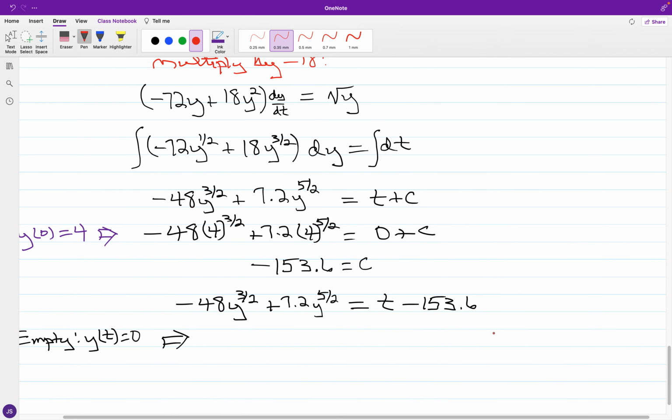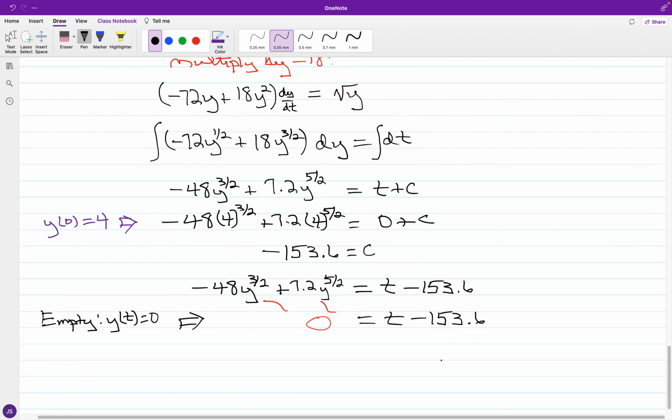Applying 0 for y, we have that 0 is equal to t minus 153.6. In terms of how long it's going to take for the tank to be emptied, given our conditions, it turns out that t is equal to 153.6 seconds, or about 2 minutes and 34 seconds.